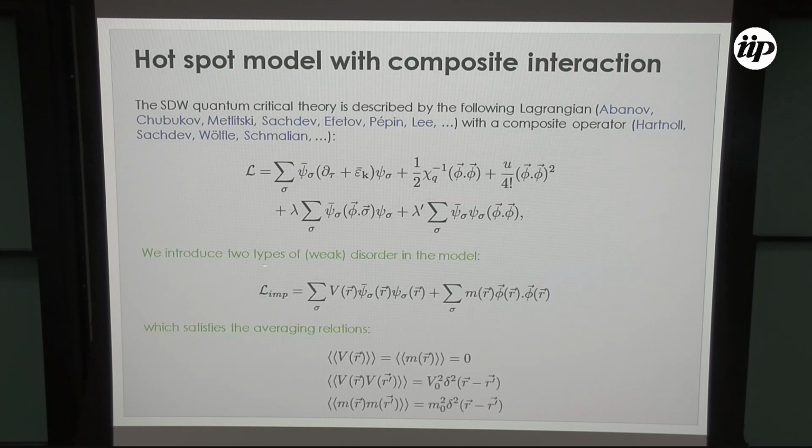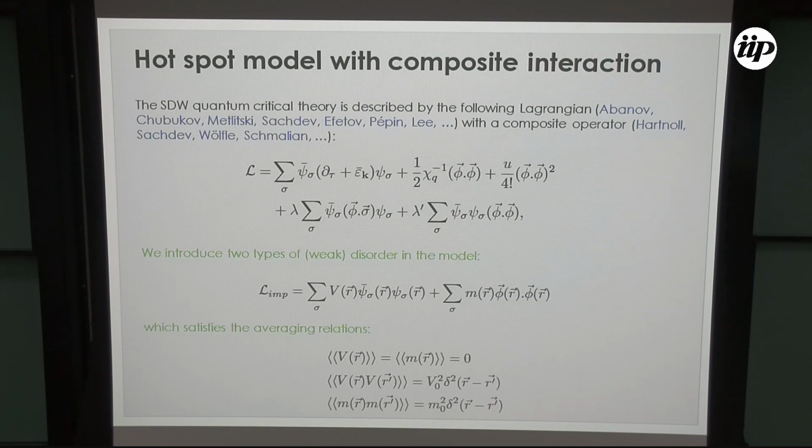Okay, so we are going to introduce two types of disorder in this model. If you don't include disorder, this Lagrangian here has no Umklapp term. And actually, if you calculate conductivity from this model, as it stands, the result is infinity at any finite temperature. And the reason for that is that we don't have any source of momentum relaxation in the model.